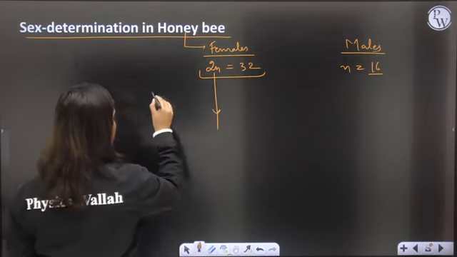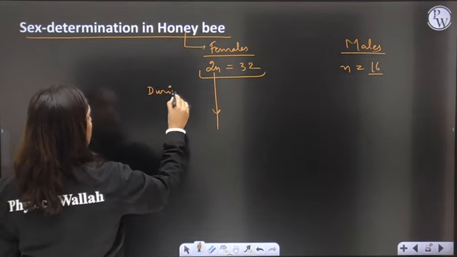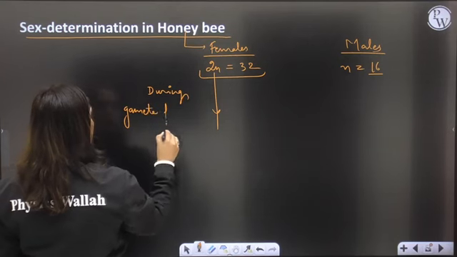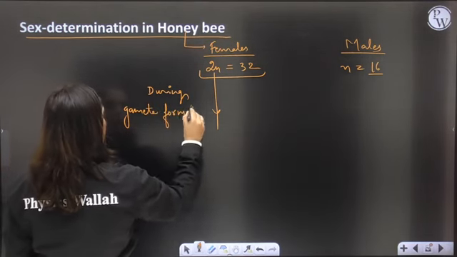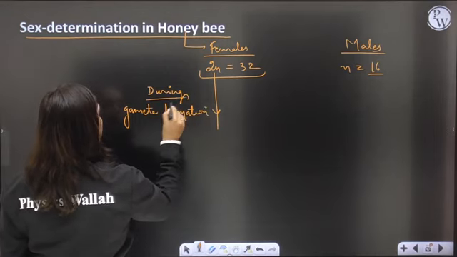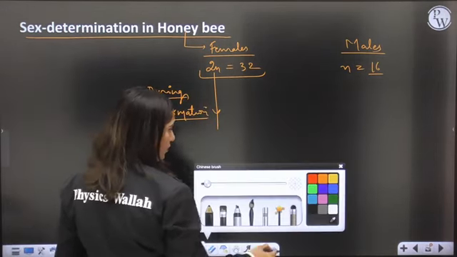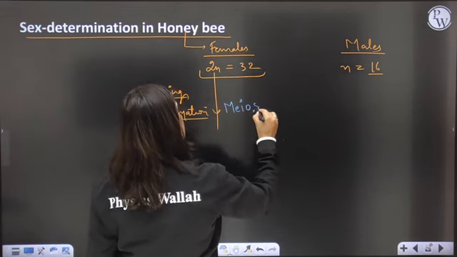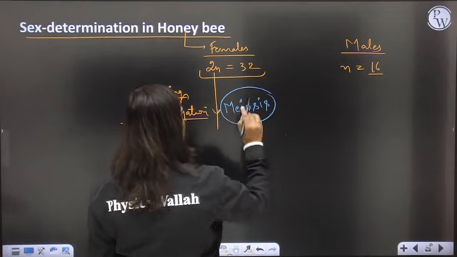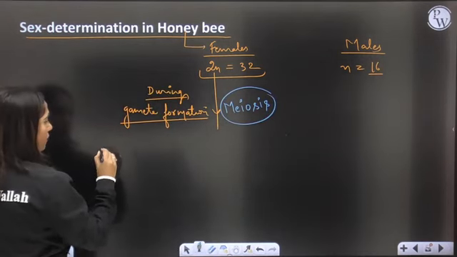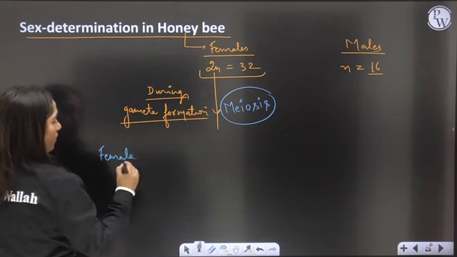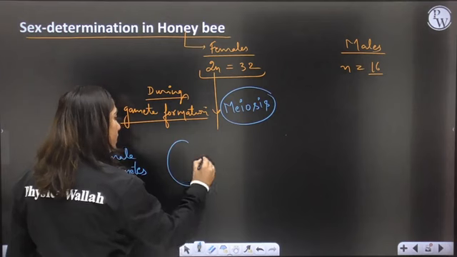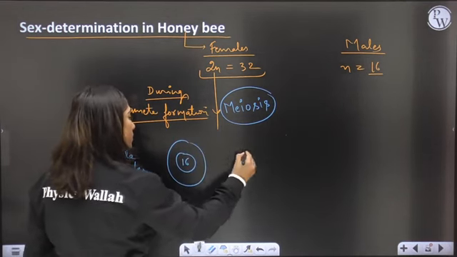Okay, so during gamete formation, what will happen here? Meiosis will happen. And we know meiosis is a reductional division, right? So after the reductional division, the female gametes formed here will have how many chromosomes? 16.